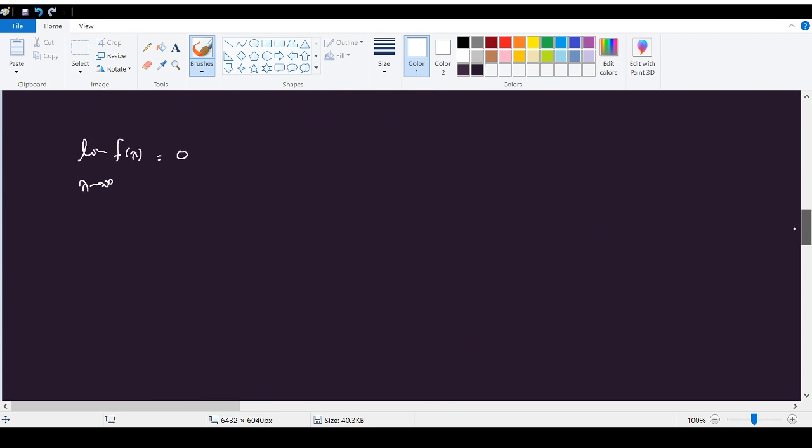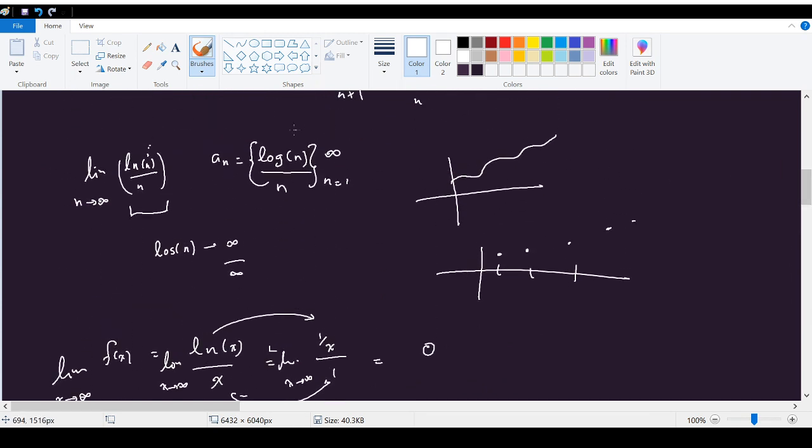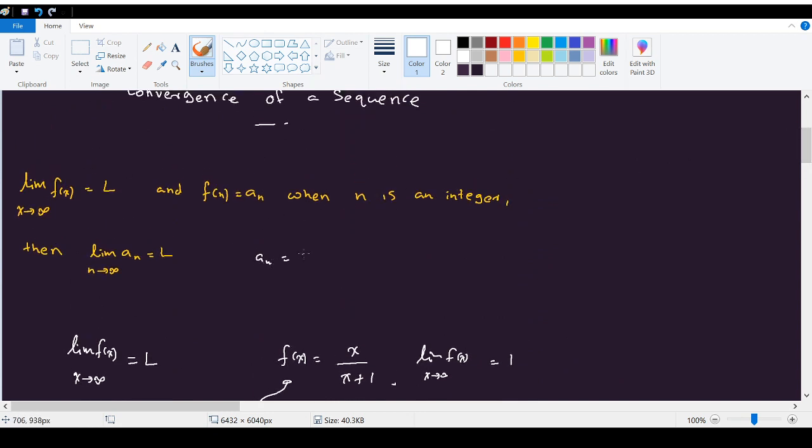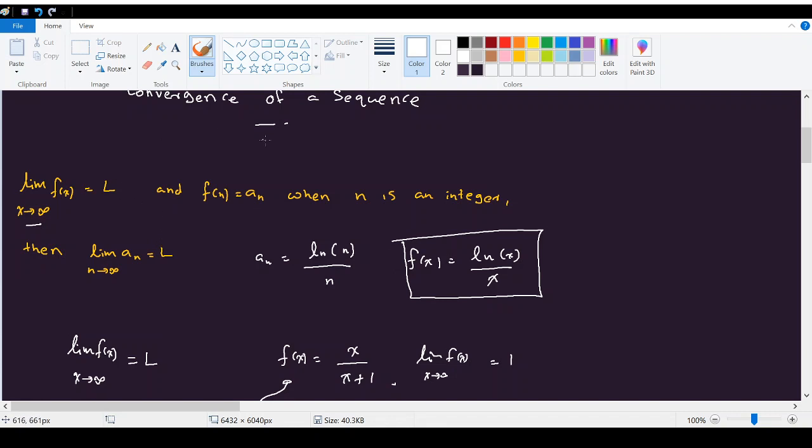Here we started with the sequence a_n equal to the logarithm of n divided by n, and the corresponding function was ln x divided by x, and we had a limit for this function when x goes to infinity. From the theorem, that limit should be equal to the limit of this sequence. So that's what the theorem says.